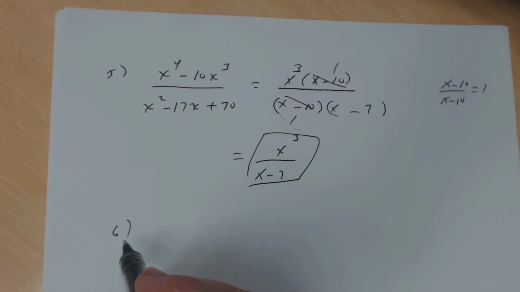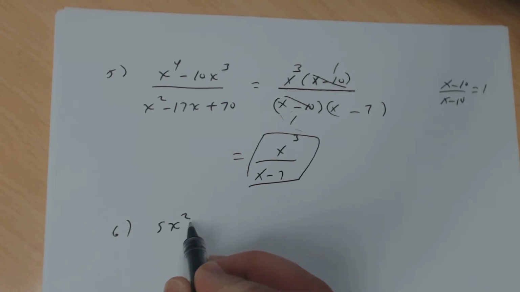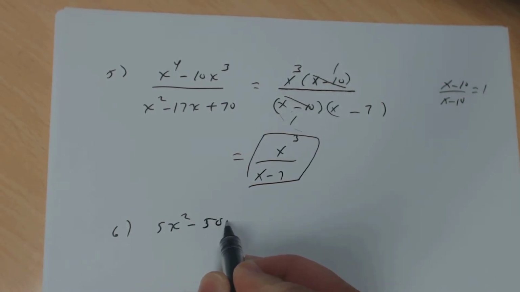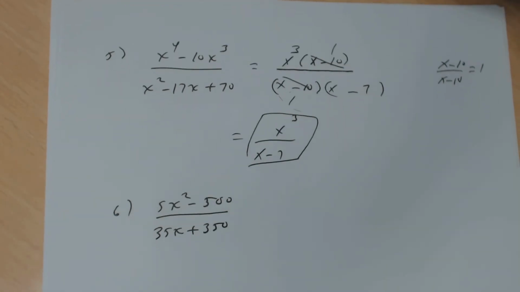All right, number 6. Let's see. You have 5x squared minus 500 divided by 35x plus 350. All right.